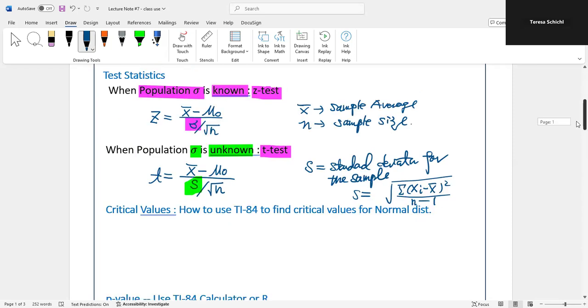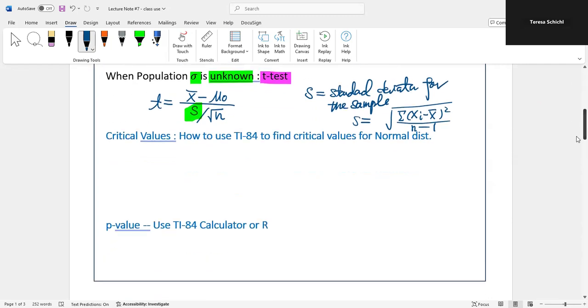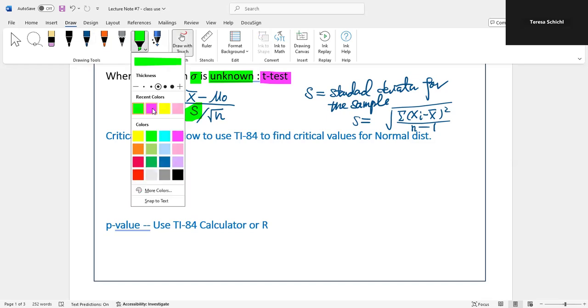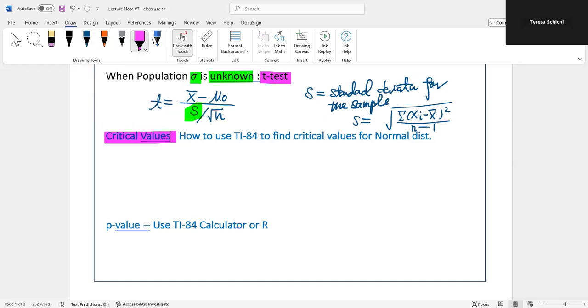All right, so now let's focus on the z-test first. The next thing we need to know is how to find the critical value. If you remember, in lectures 4 and 5, the critical value was given. I gave you a table, and you could find the critical value.